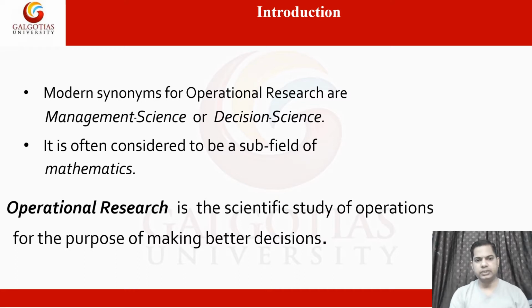It is often considered to be a field of mathematics, because this course was initially introduced in mathematics. Then this course found wide application in management and other divisions, so it is also called a part of management science or the management divisions.